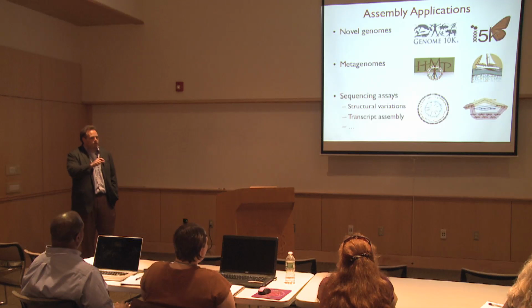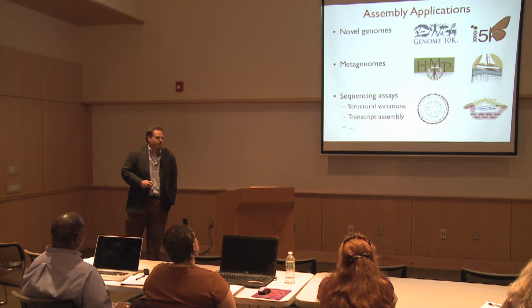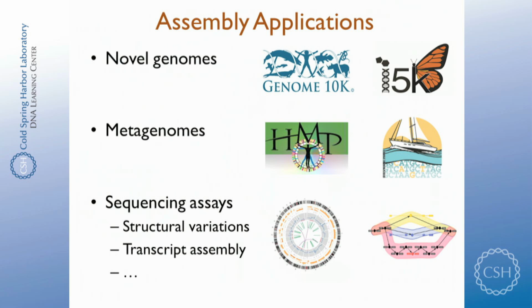In addition to one genome at a time, there's a very closely related problem called metagenomics. The idea there is we go to some environment, and rather than trying to isolate and sequence one genome, we sequence many: the entire composition of all the species that are present there.